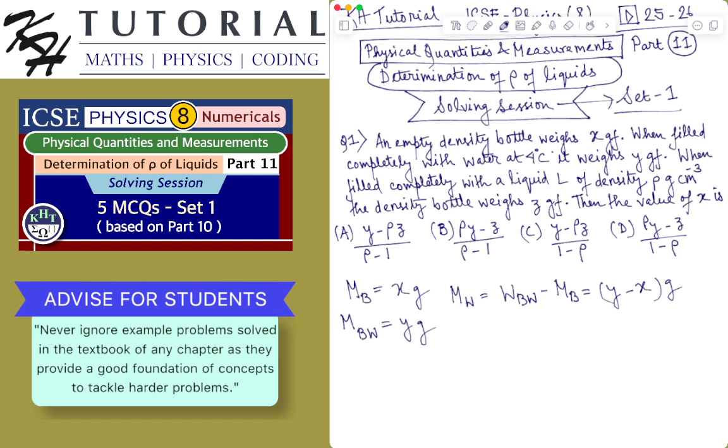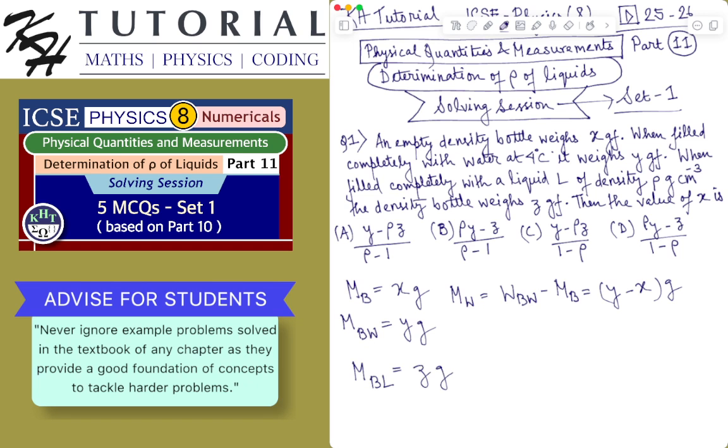Okay. Now, when filled completely with the liquid L of density rho gram per centimeter cube, the density bottle weighs z gram force. So let's say the mass of the liquid that is completely filling the density bottle is M_L. And also let's say M_BL be the mass of the density bottle plus the liquid L. This is given as z gram.